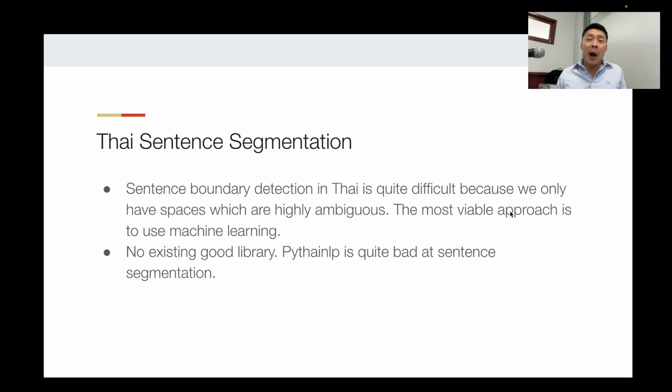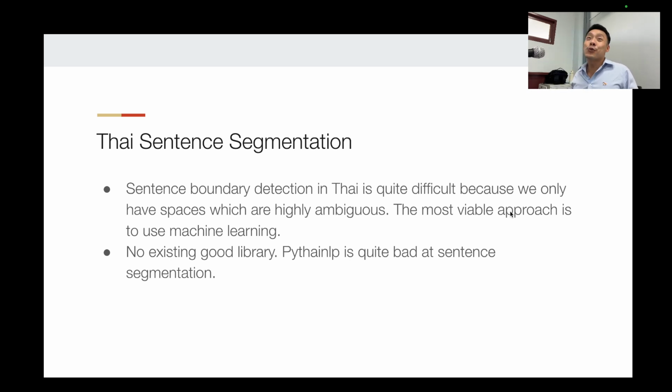So it's quite difficult, but spaces are very good. Usually a sentence ends with a space, but a space doesn't always end a sentence, if you know what I mean. A space can separate dependent clauses or modifiers. A space can be between the text and the numbers in Thai.